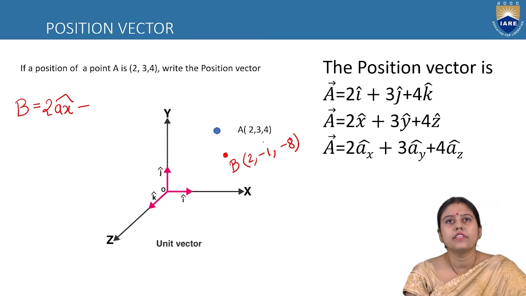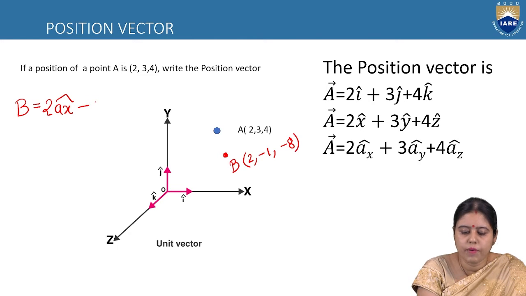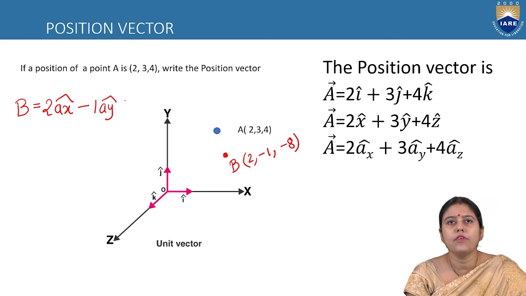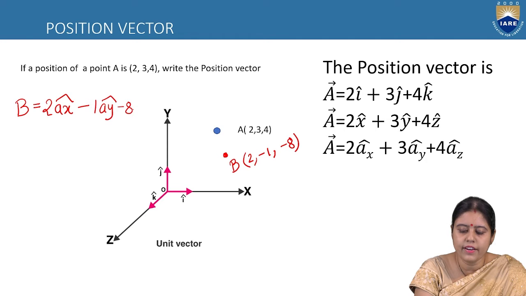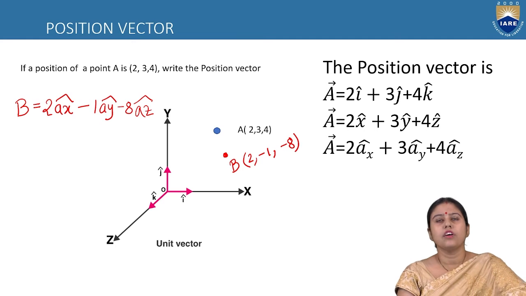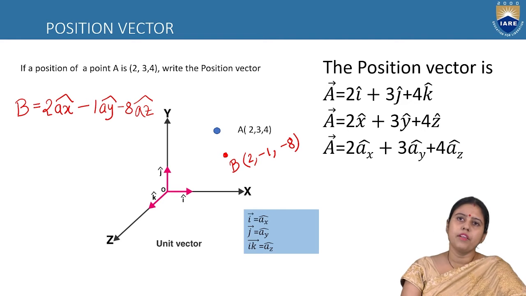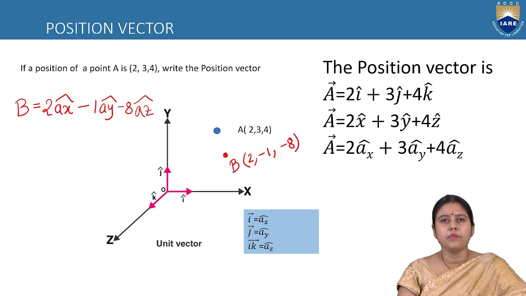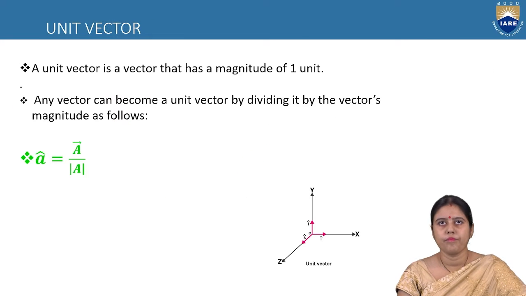Then the second one is y, the y-axis, so minus 1 a_y hat. Third one is z, so minus 8 a_z hat. So, this is the position vector. As I told, i is similar to a_x, j is similar to a_y, and k is similar to a_z.